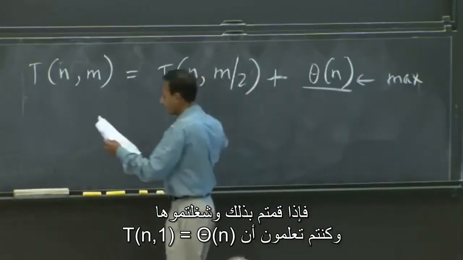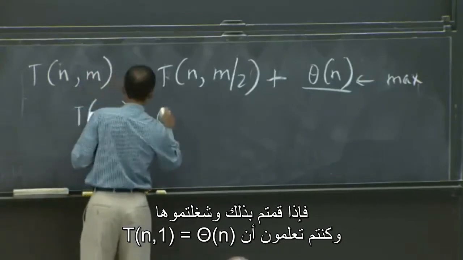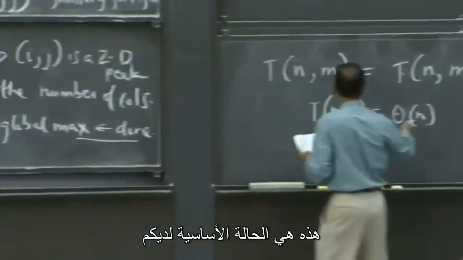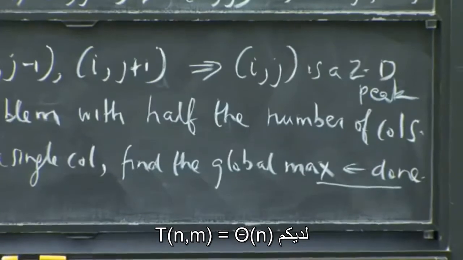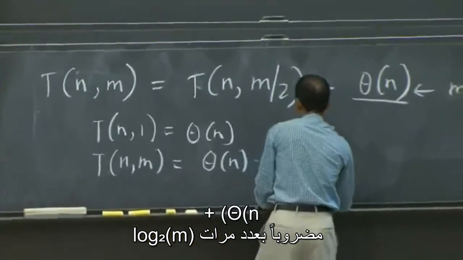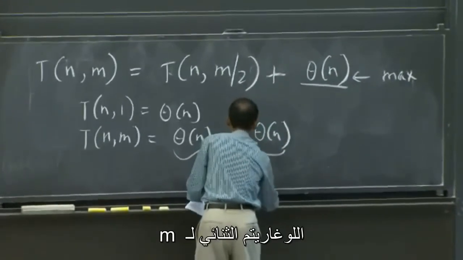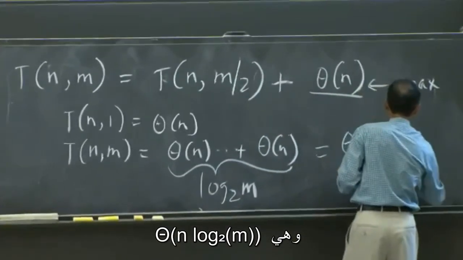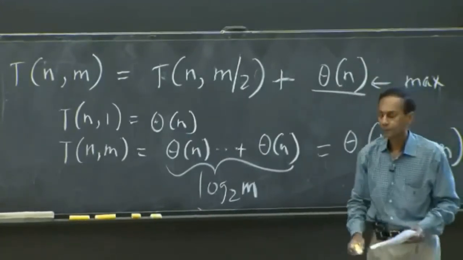And so if you run it through, and you know that T(n, 1) is theta n, which is this last part over here, that's your base case, you get T(n, m) is theta of n added to theta of n log of m times, log 2 of m times, which is theta of n log 2 of n. All right?